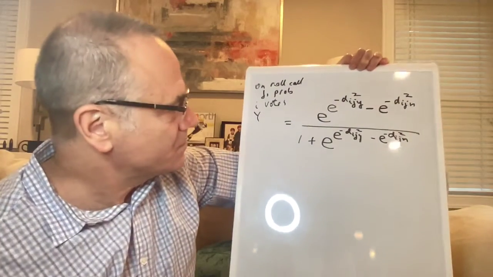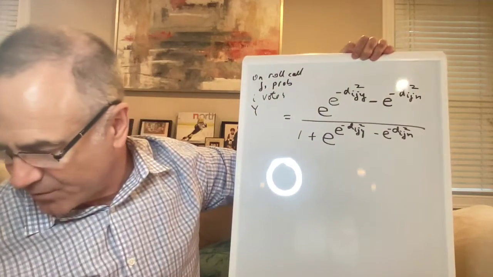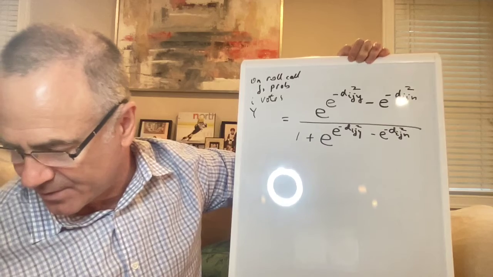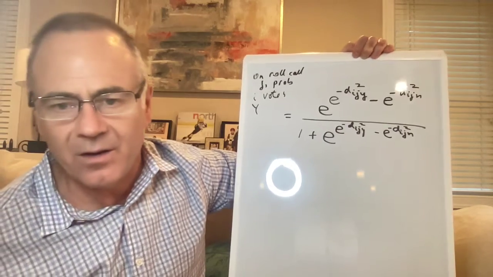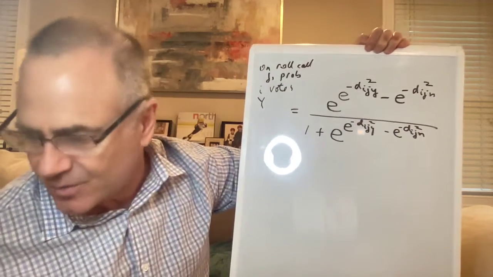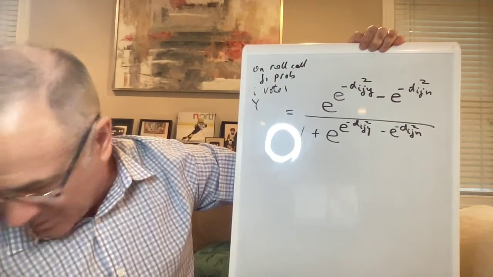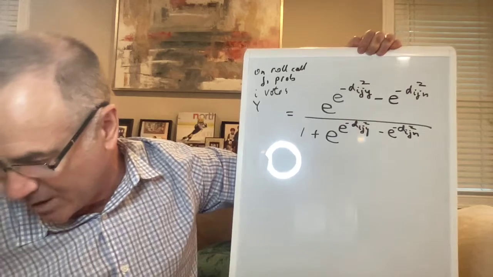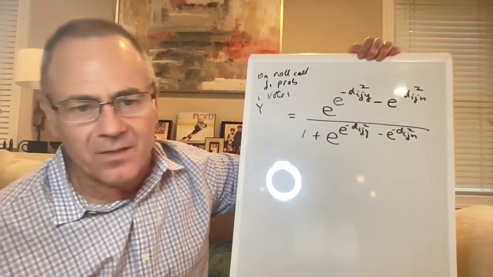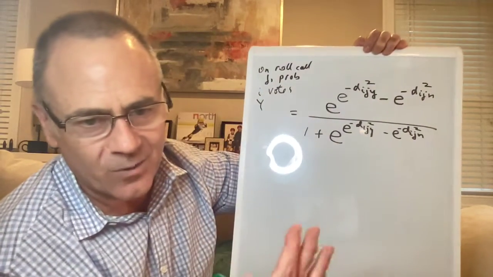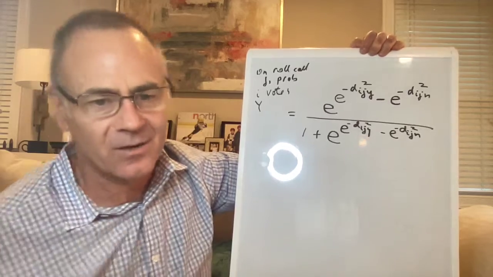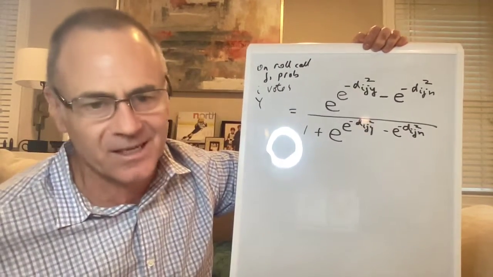Now, that's the simplest form. But here is where Poole and Rosenthal add some bells and whistles. They say, well, okay, this is basically what you get when it's standard logistic. What if it's not standard logistic?